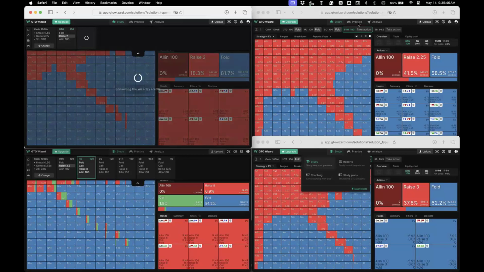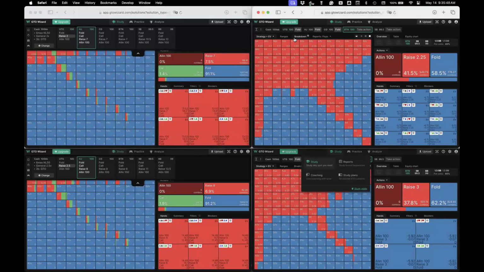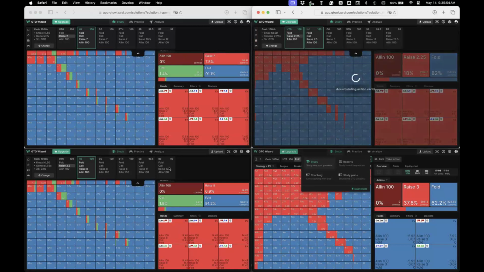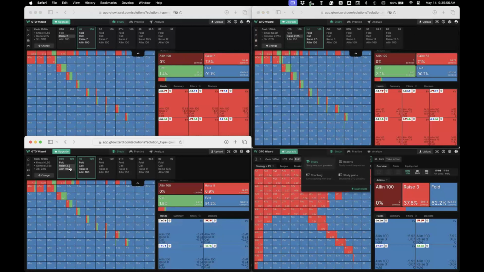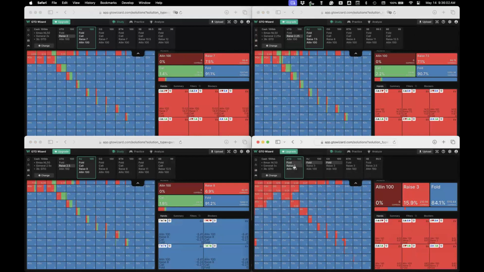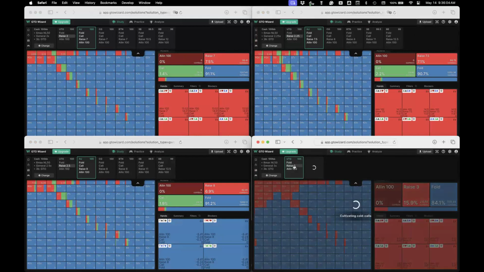UTG raises to 2. UTG raises to 2.25. Please be 2.25, it'd be very bad if I had the wrong charts up here this whole time. 2.5. And UTG raises to 3 big blinds, like a live cash game boss.